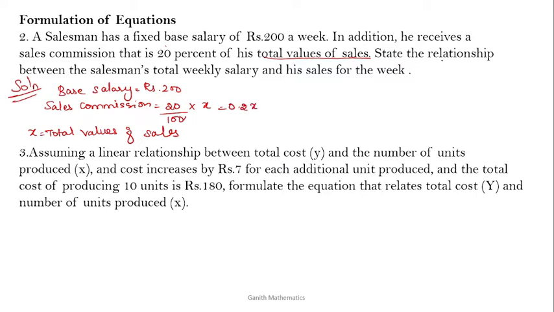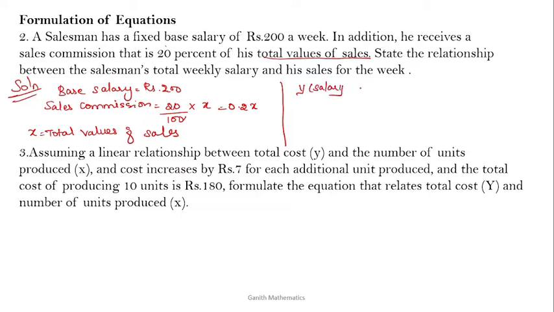Now state the relationship for the salesman's total weekly salary. This is for a week because he is getting 200 per week and 0.2x of the total value of the sale in a week. So everything is per week. Suppose we are taking this salary as y.